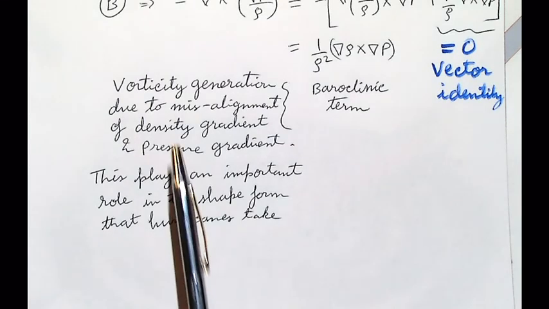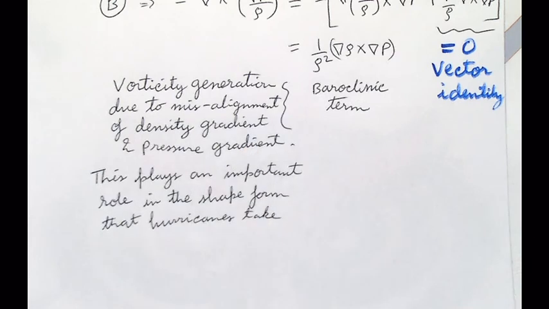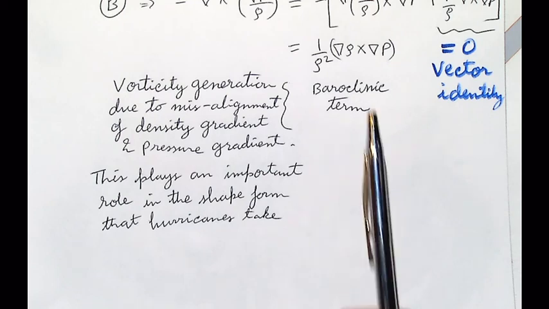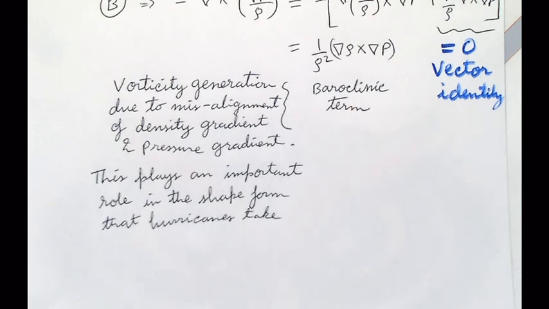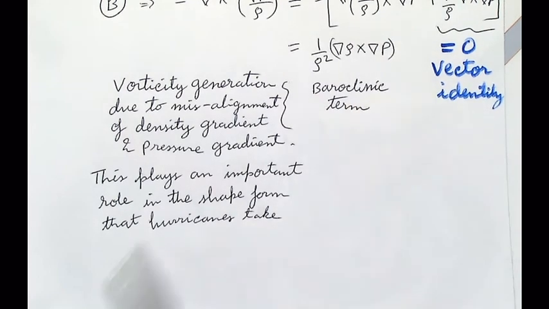Now, why do we say misalignment? Nabla p is a vector. Nabla rho is a vector. If they are parallel, this term is zero. Right? The cross product is zero if the angle between them is zero. So only when there's a difference in the gradients will you get a non-zero baroclinic term.